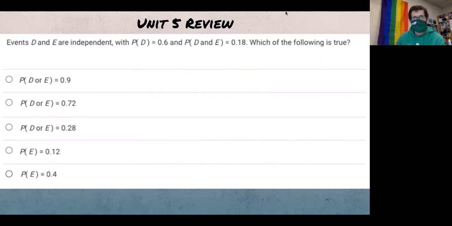The idea of independent is that if one event happens first, it doesn't affect the probability of the next event happening. And of course, two events can't be mutually exclusive and independent, because if the first event happens in a mutually exclusive set, then the other one's probability goes down to 0. So by definition, they are not independent if they're mutually exclusive.